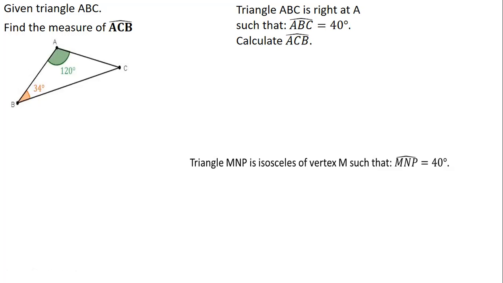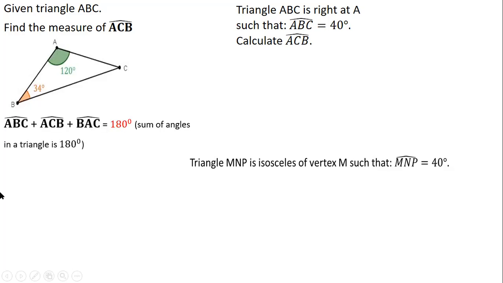Also here, we should start from the sentence, which is the sum of angles in a triangle is 180 degrees. Let's name the first angle at vertex A. It is BAC plus the angle at vertex B is ABC plus the angle at vertex C is ACB equal to 180 degrees.